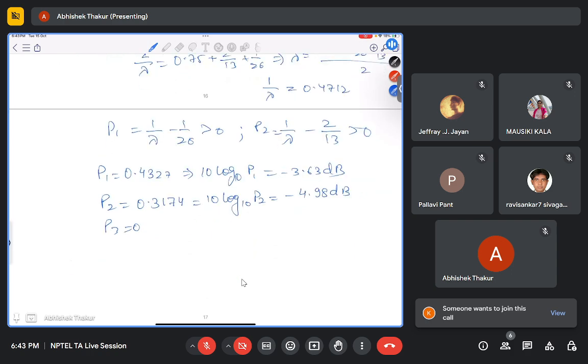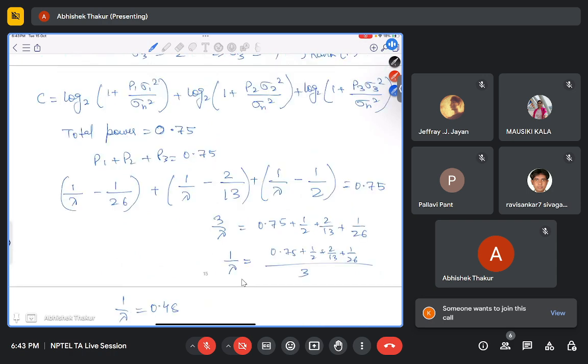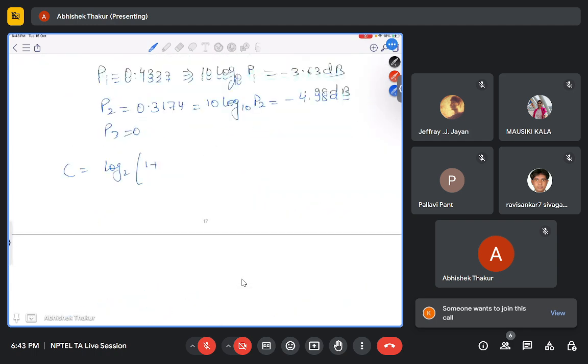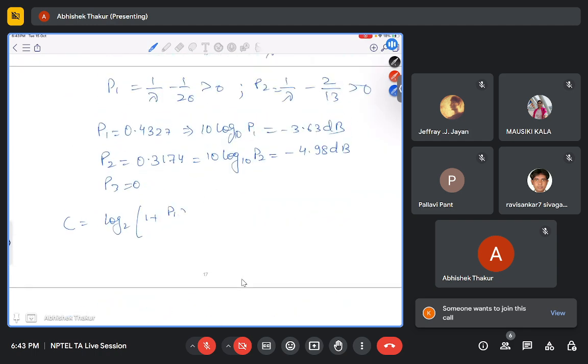So our channel capacity is equal to log 2 (1 plus P1 sigma 1 square by sigma n square) plus log 2 (1 plus P2 sigma 2 square by sigma n square).